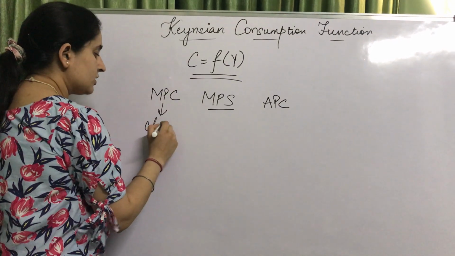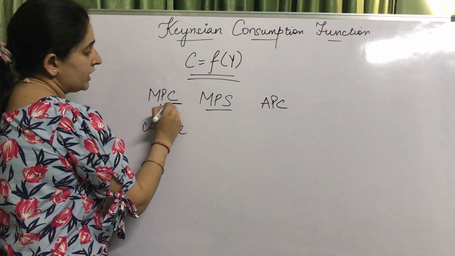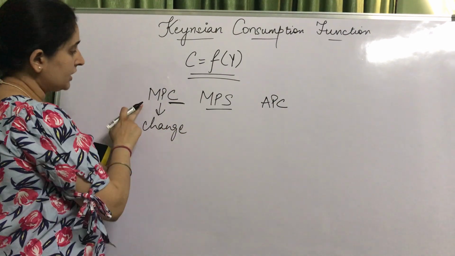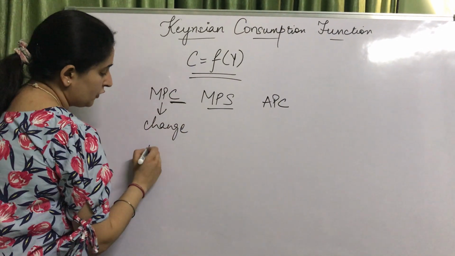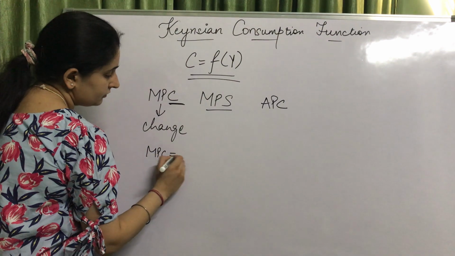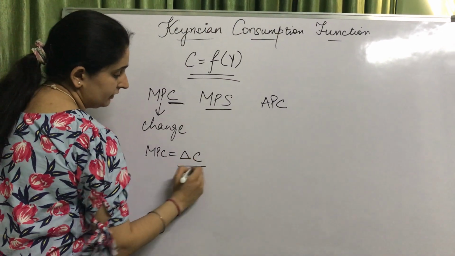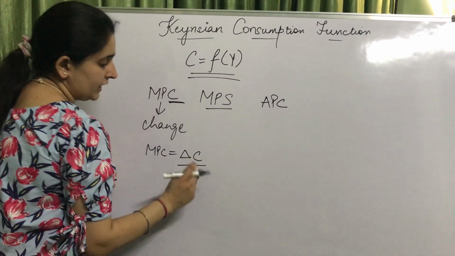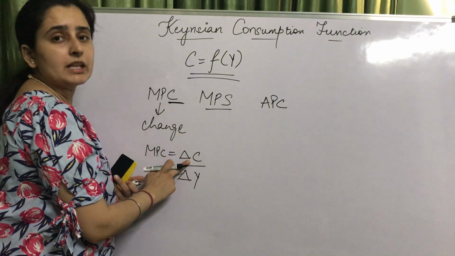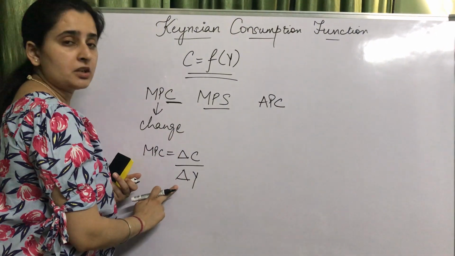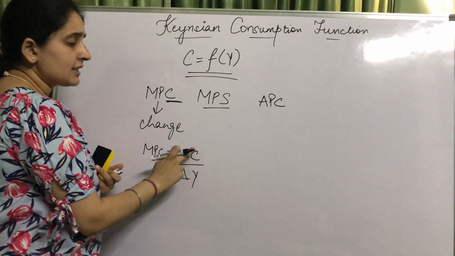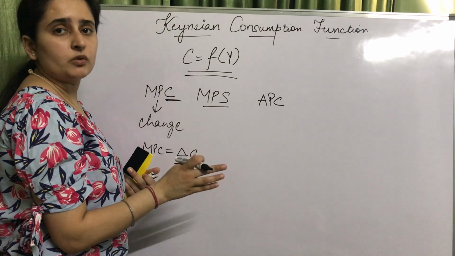So it measures the change in what? In consumption. The formula for MPC is delta C upon delta Y. This means change in consumption due to change in income. And this change can be positive or negative, both ways.